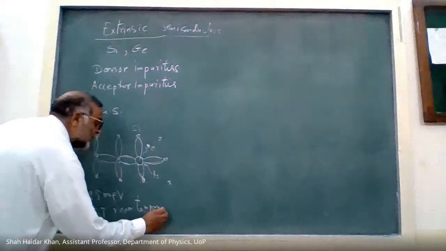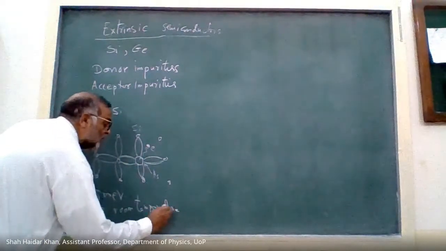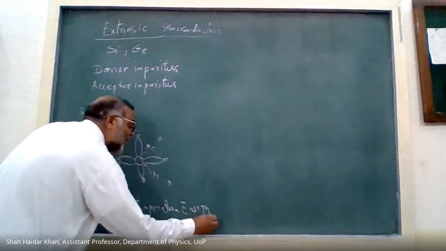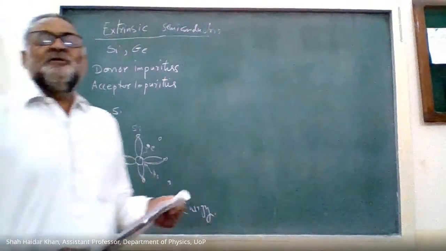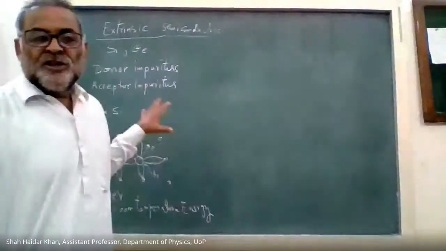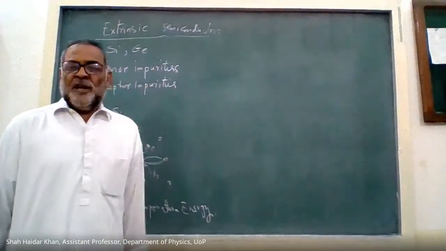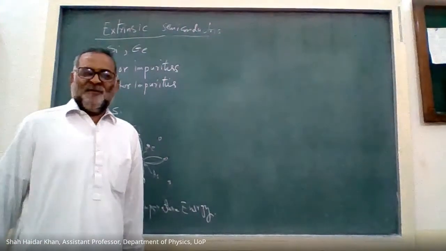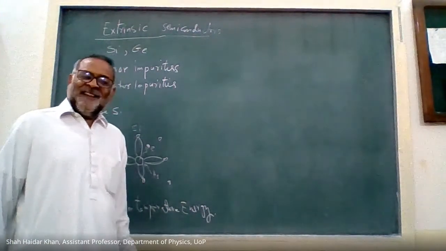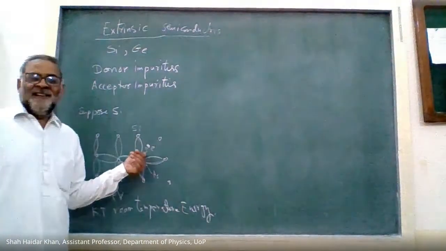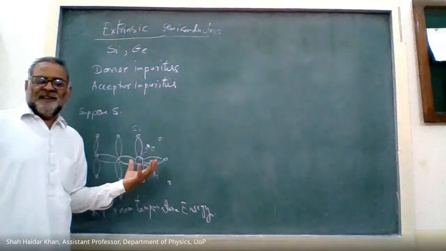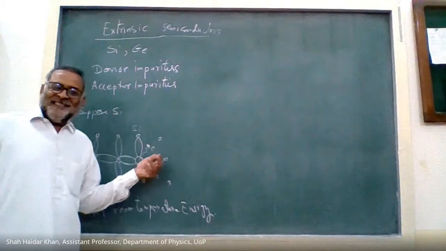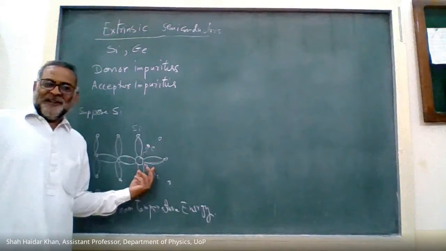So at room temperature, normally an intrinsic semiconductor will not be ionized because the bonds are very tight at normal temperature. But the dangling electron, since you have put an impurity into the silicon crystal, can break from its parent nucleus.